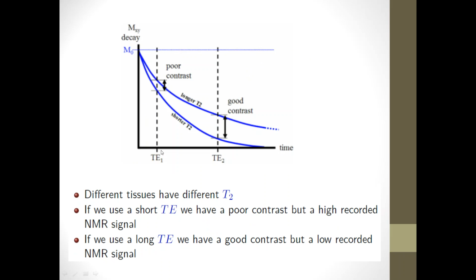If we select short TE, you will get a poor contrast image, but long TE, represented by the time of recording, gives good contrast of image.